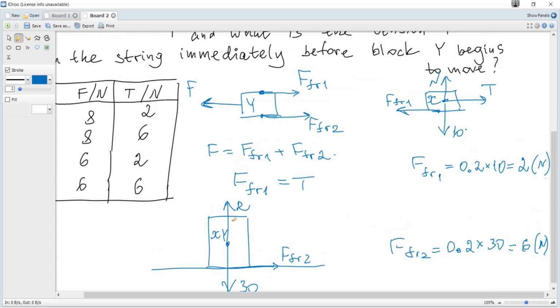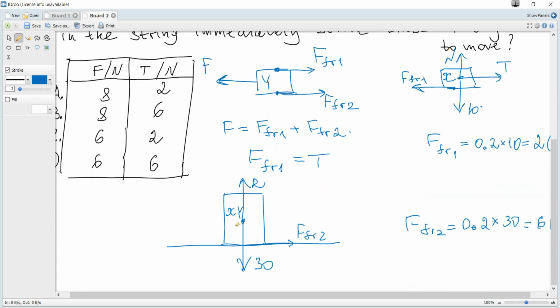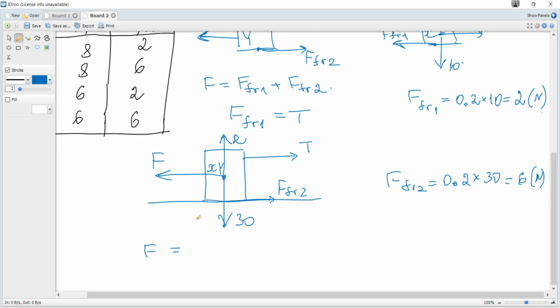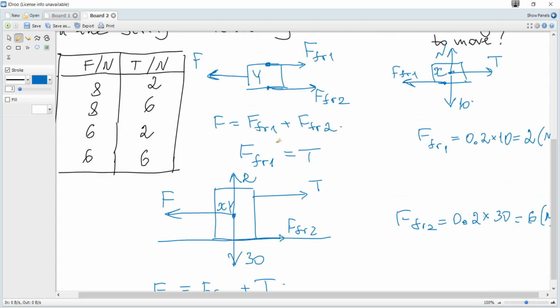And we can continue here, and for both there is F to the left and tension to the right, and here you can see that we get absolutely the same results. F, it's not required because it's already obtained, but you can see that F is what? In horizontal components it's F frictional 2 plus tension, and you can see that it's the same.